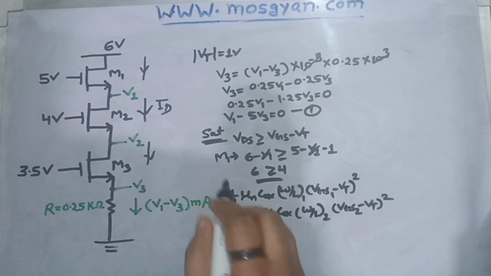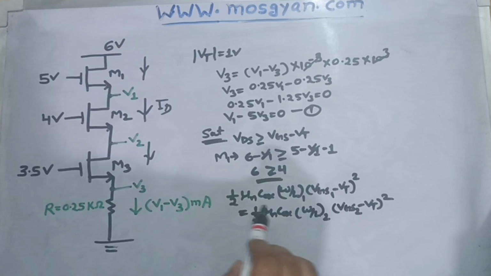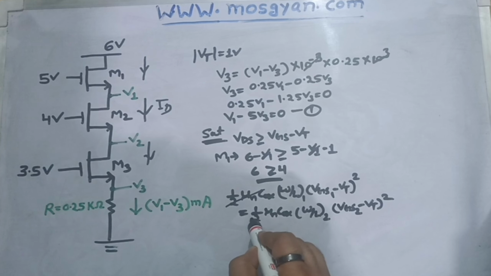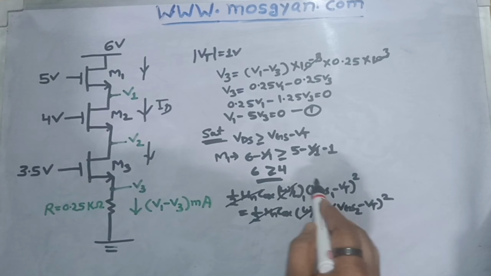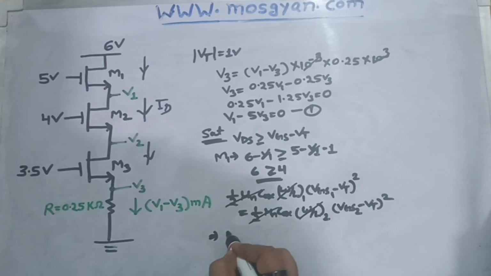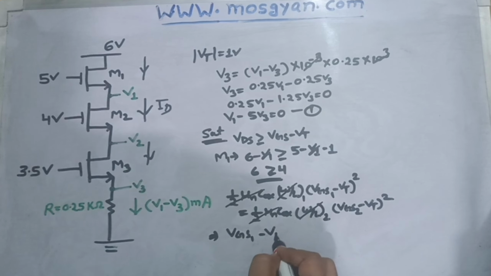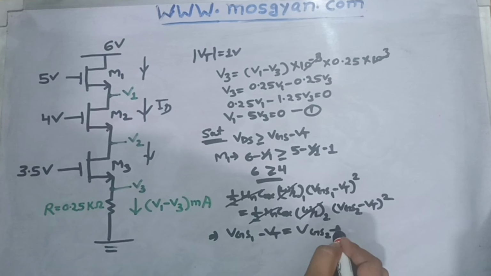So ultimately all MOSes are identical, so these parameters will get cancelled out. Even W by L will get cancelled out because the MOSes are identical. So we will be left with VGS1 minus Vt should be equal to VGS2 minus Vt, right?